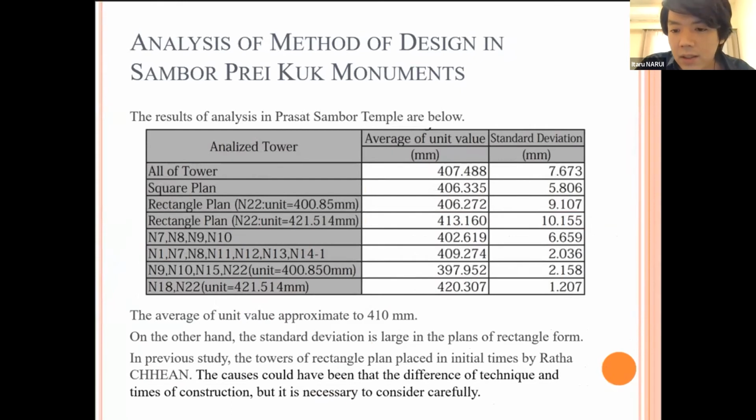And this is the result of analysis in Prasat Sambor temple. The average of the unit value is approximately 410 millimeters. On the other hand, the standard deviation value is large in the plan of rectangle form.